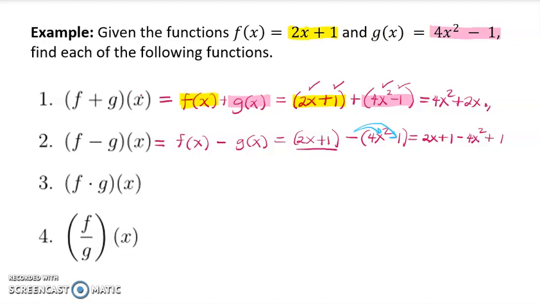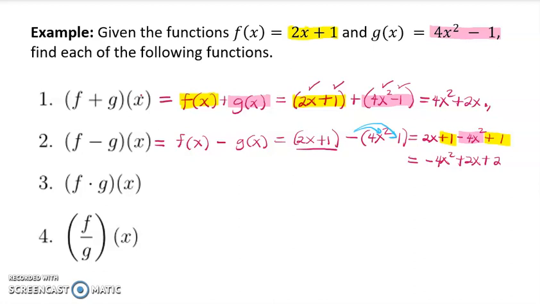So you can write this as negative 4x squared plus 2x plus 2. That is the only thing that actually changed. And of course, our 4x squared became negative due to this negative sign here, right?